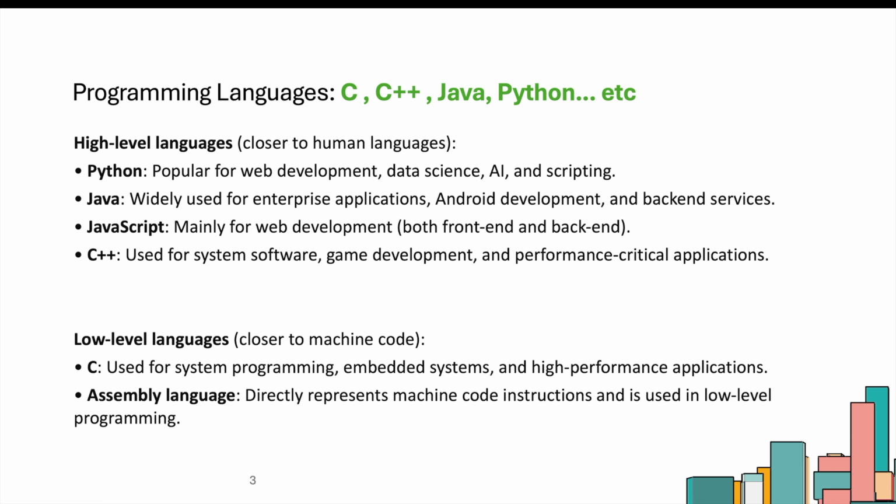We can categorize programming languages into two levels. There are too many levels people explain, but in short, I would say high level languages and low level languages.